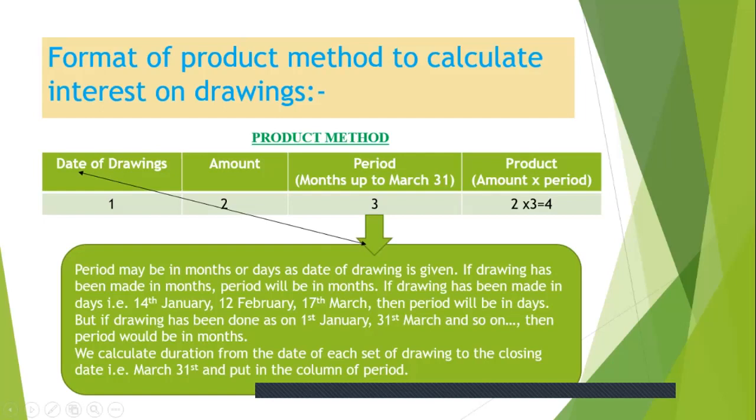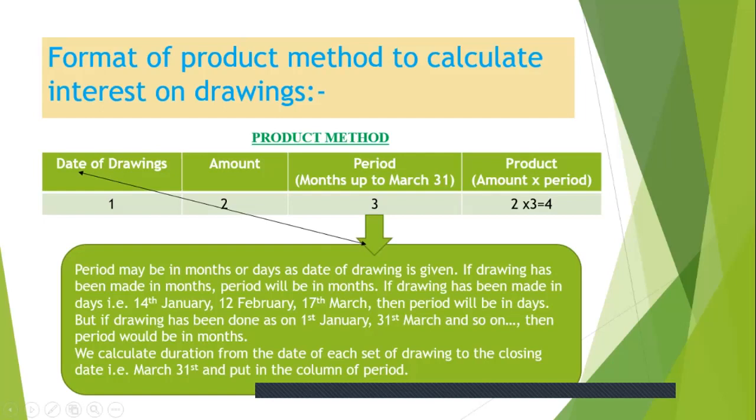But if drawing has been done as on 1st January, 31st March, and so on, then the period would be in months. Is it clear to all of you? I think it is very clear. Days come when the partner is drawing on days, and months come when the partner is drawing in months.